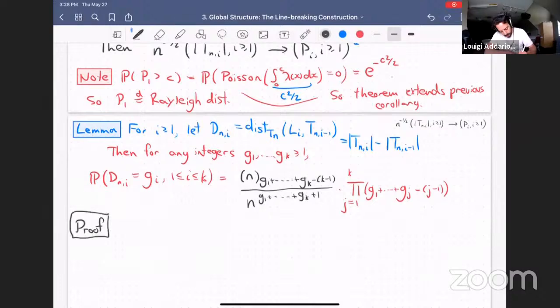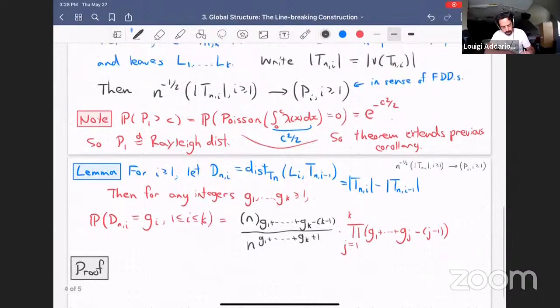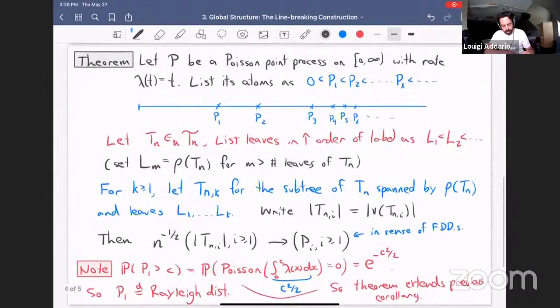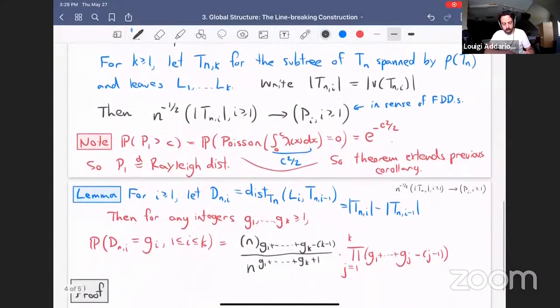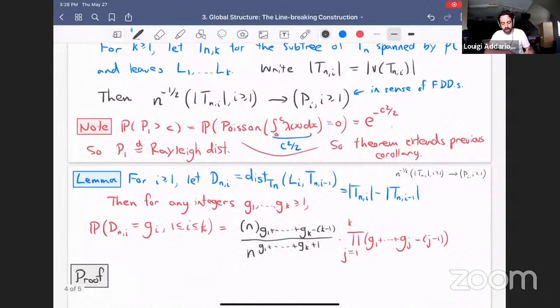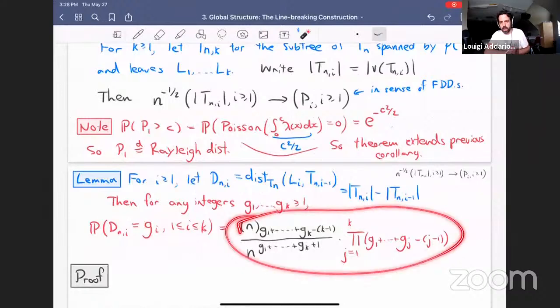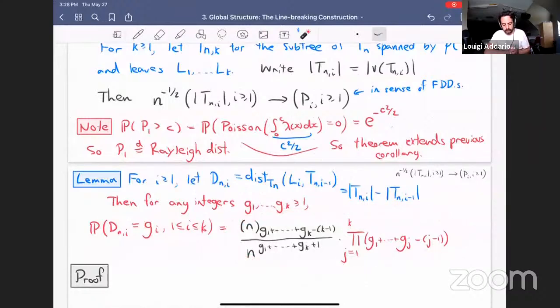Once we have the lemma, the rest of the proof of the theorem really consists in, like in the corollary for proving the Rayleigh limit, just thinking about what happens when these values g are on the order square root of n, and then extracting the asymptotics from this combinatorial expression. I will do that, but it's really just a multivariate version of the one-dimensional calculation we already did.